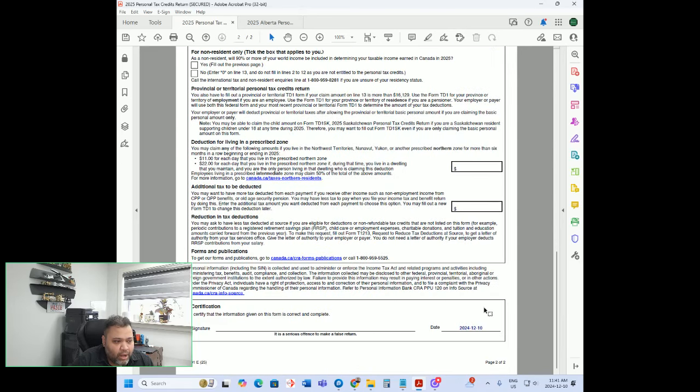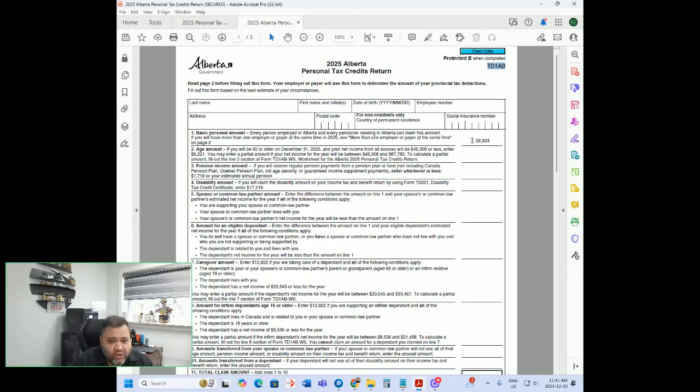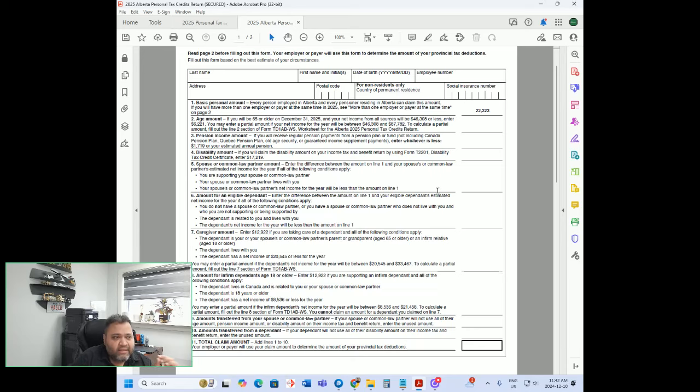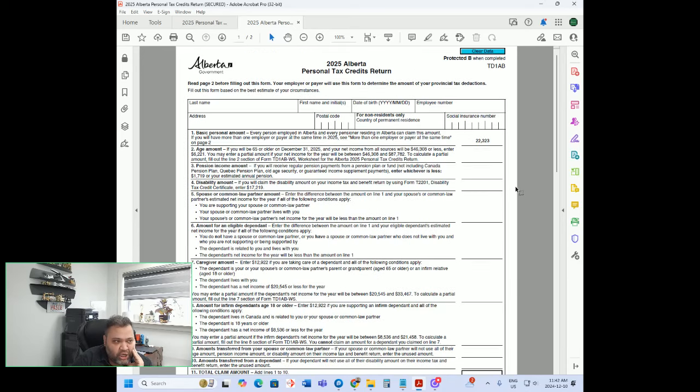You're going at the bottom, you're signing it, you're filling out the TD1AB, which is already pre-filled. It has $22,323 on the top. And then you are going to sign this form and give it to your employer. This is if you have only one job.